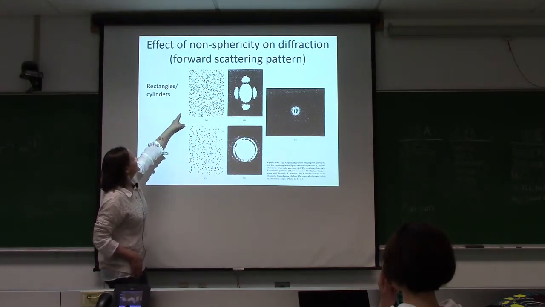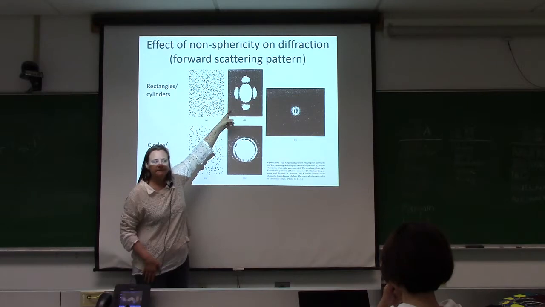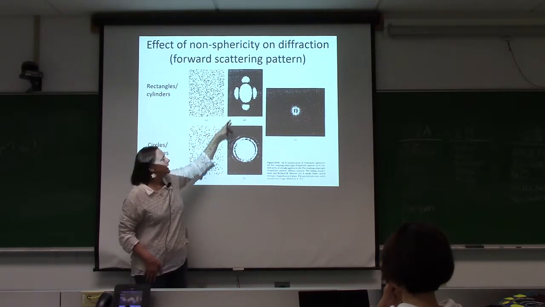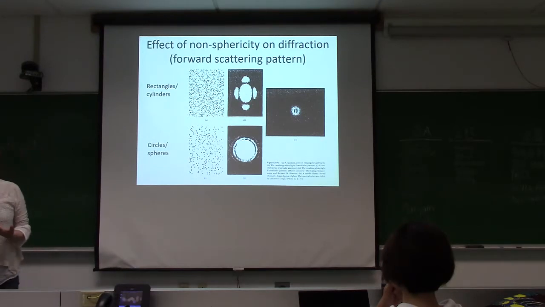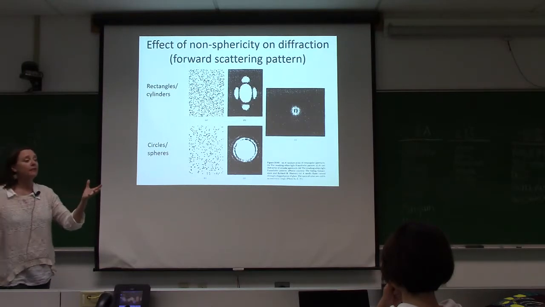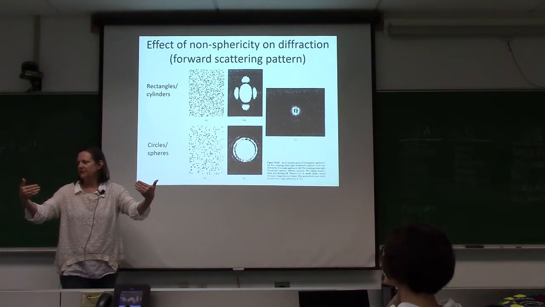If you had rectangles and cylinders, you see a really different pattern, right? And so that says that it actually makes a difference what shape your particles are in terms of how the light that's diffracting around the particles comes together on the other side in terms of constructive and destructive interference. Okay.